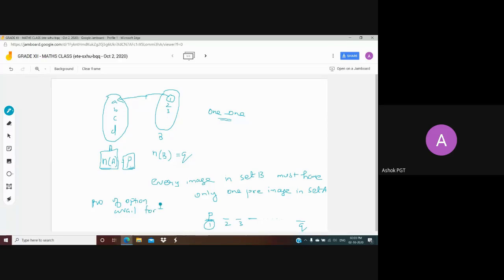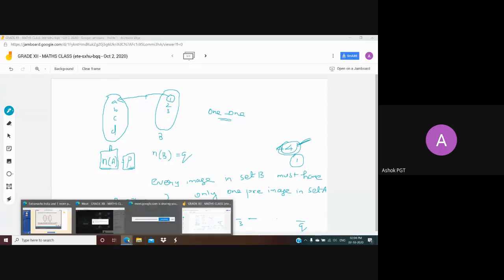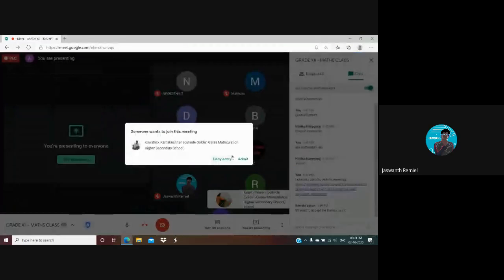for number 1, that is image 1, but it can join with only one. For example, if you choose the best answer, only one answer is correct, while the number of options you have may be 4, but the correct answer will be only one. We are talking about possibility, so we say we have 4 different options. Students, do you understand what I say? Yes, sir.